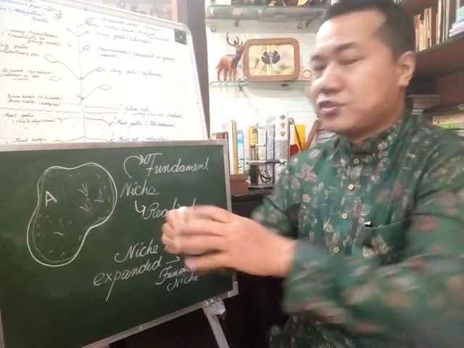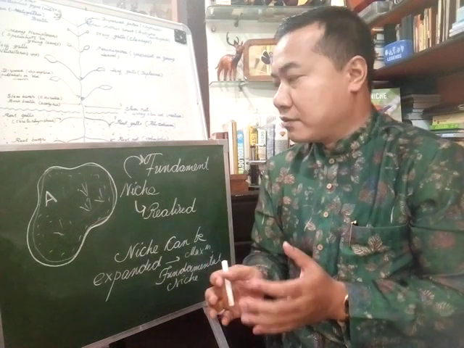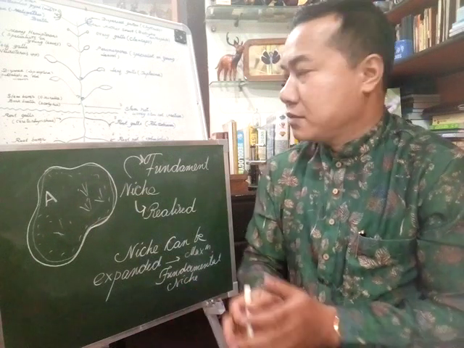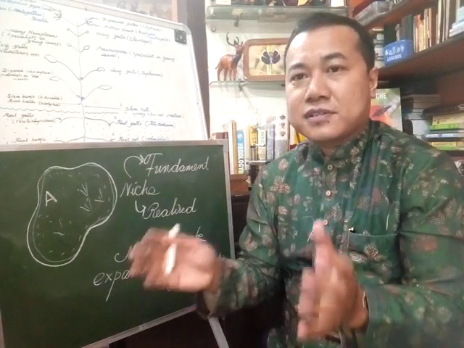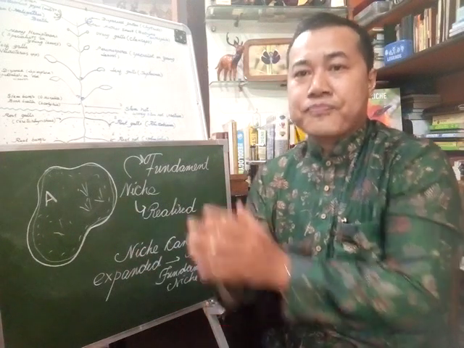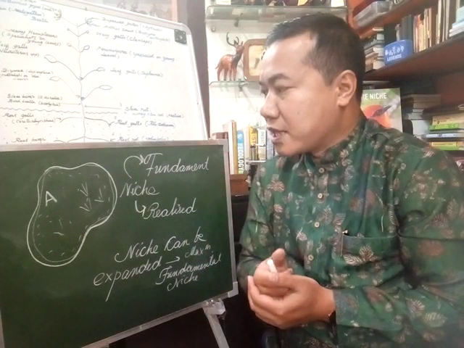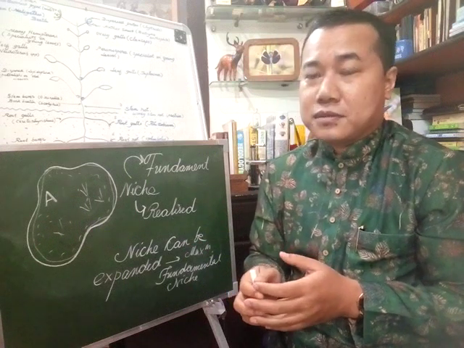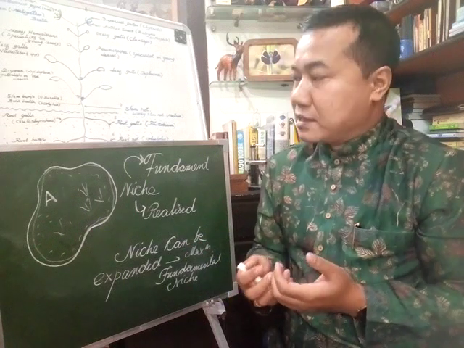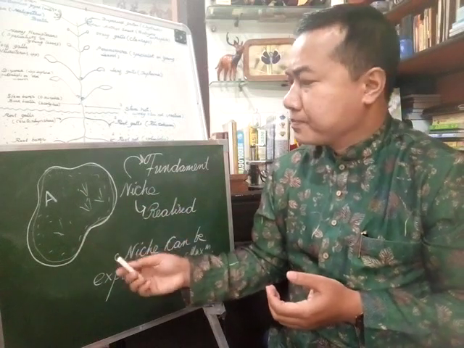So the fundamental niche is the maximum size of the niche that an organism can attain when there are no competitors, no predators, and no extra efforts that an organism has to execute to protect itself from the risks of any sort. That is what is called a fundamental niche.